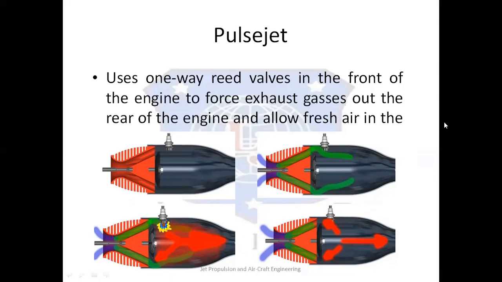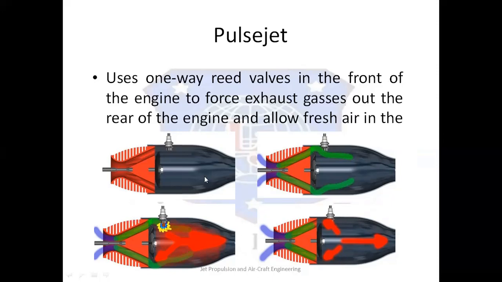It consists of, as you can see in the diagram, the diffuser. The special equipment that it uses here is a reed valve, combustion chamber and exhaust nozzles. This diagram describes the different stages of the combustion process.